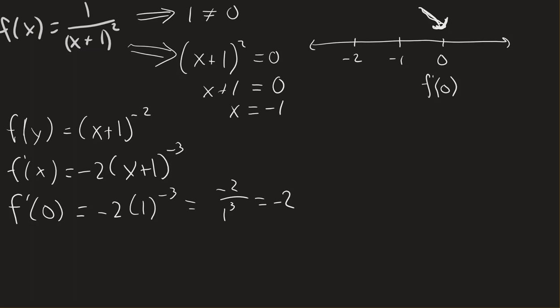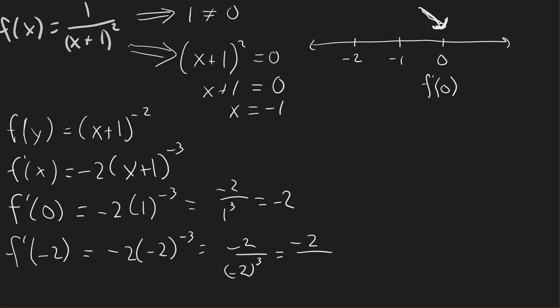Okay, I'm going to try the same thing, but now I'm going to pick a point to the left of that critical number, like -2. And let's say -2 times -2 would be +4, times another -2 would be a -8.